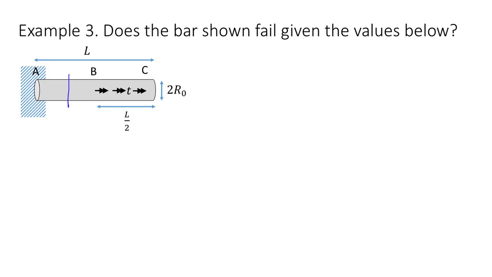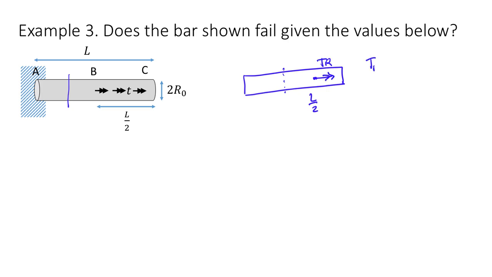When I do that, I can redraw the way this looks with that cut there, where we have this distributed load over this area L over 2, but this time I'm going to replace the distributed load with the resultant torque TR.